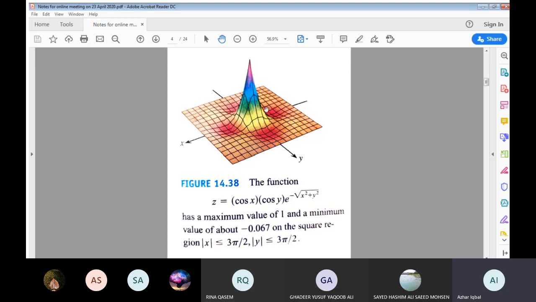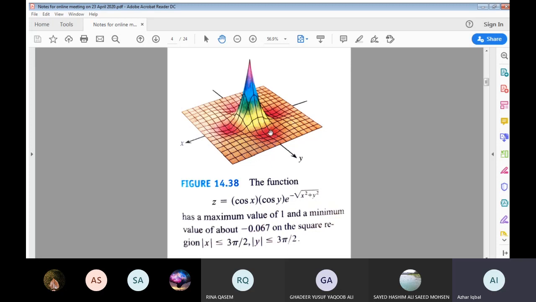So you can see these slightly reddish color compressions within this surface. These four compressions result in the minimum value which this function can achieve.